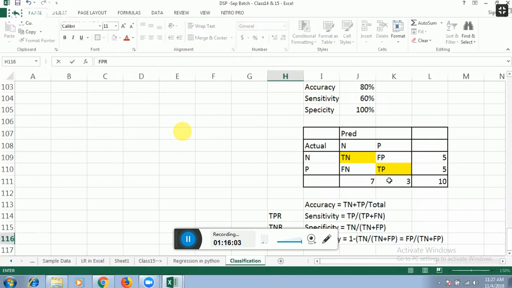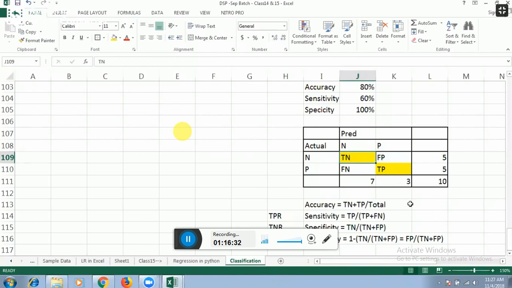Okay, now let's understand. If my model is good, your accuracy should be high, your sensitivity should be high, and your specificity should be high. And of course the accuracy is then automatically high. But in some scenarios, if this one is high and this one is low, accuracy can still be high, because here it's equal proportions.